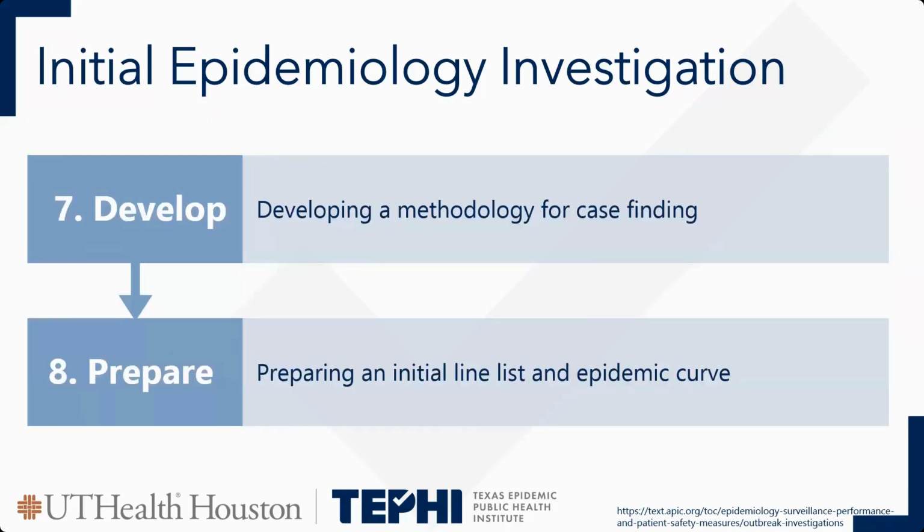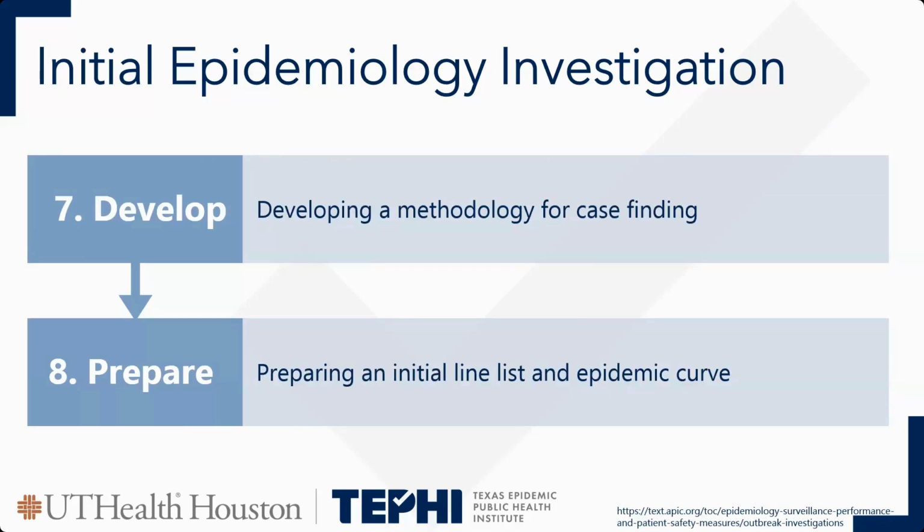Next, then you want to develop a methodology of your case findings. So that's gathering more information. That's looking at where the patient's been, looking at epi links, when they were admitted, their room location, their unit location, all those things, their symptomology, getting a more comprehensive medical history, where have they been.